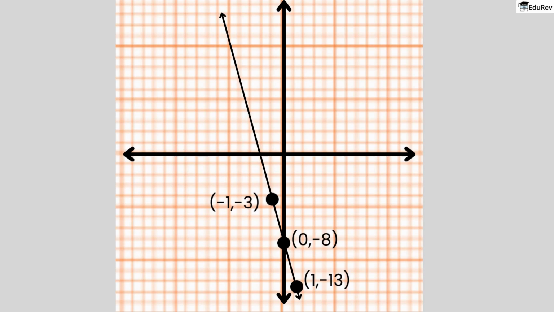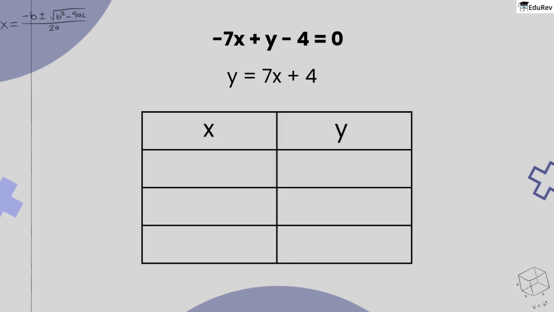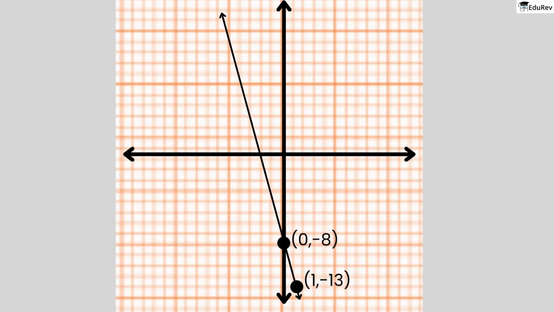Similarly, we will find x and y for the second equation, that is minus 7x plus y minus 4 equals 0. Rewriting the equation as y equals 7x plus 4 and assuming the values for x, we get the coordinates 0, 4, 1, 11 and minus 1, minus 3.